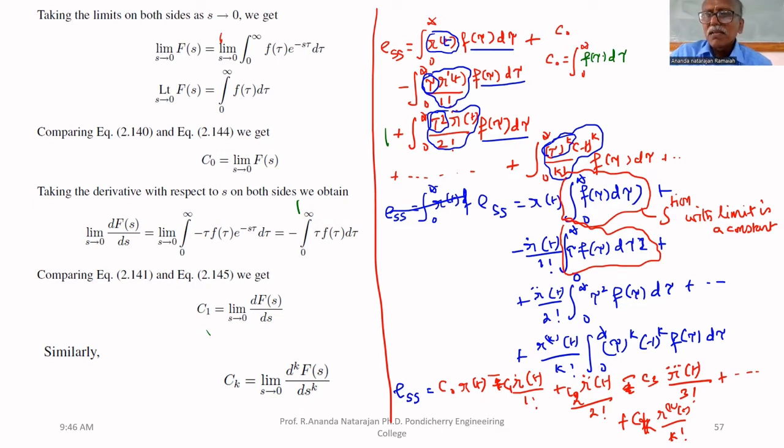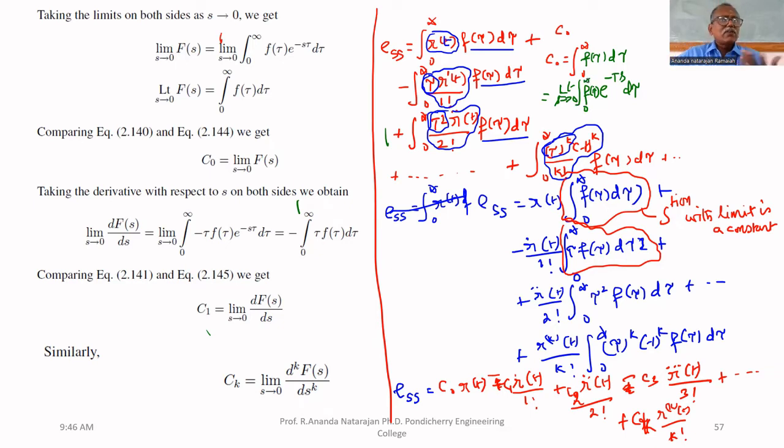I am deliberately multiplying the integrand by e power minus tau s to find something, and I am writing limit s tends to 0 of the integral of 0 to infinity.